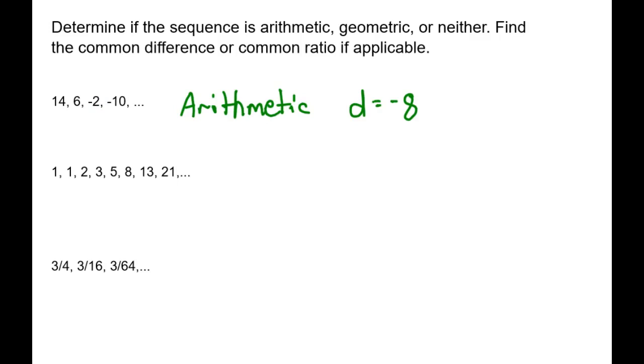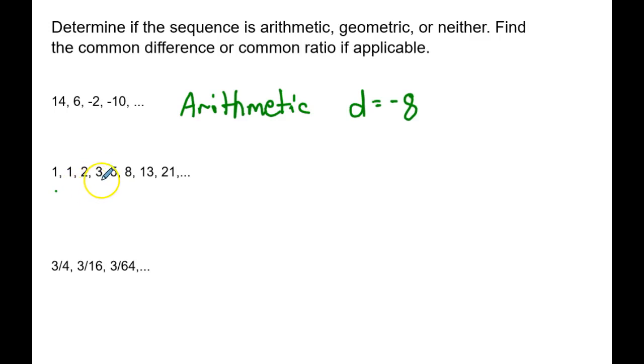Now to the next sequence, we go from 1, 1, 2, 3, 5, 8, 13, 21, and then that pattern continues. This is actually a particular type of sequence, but it is neither arithmetic nor geometric. As the pattern goes on, you can see you add the previous two terms to get the current term.